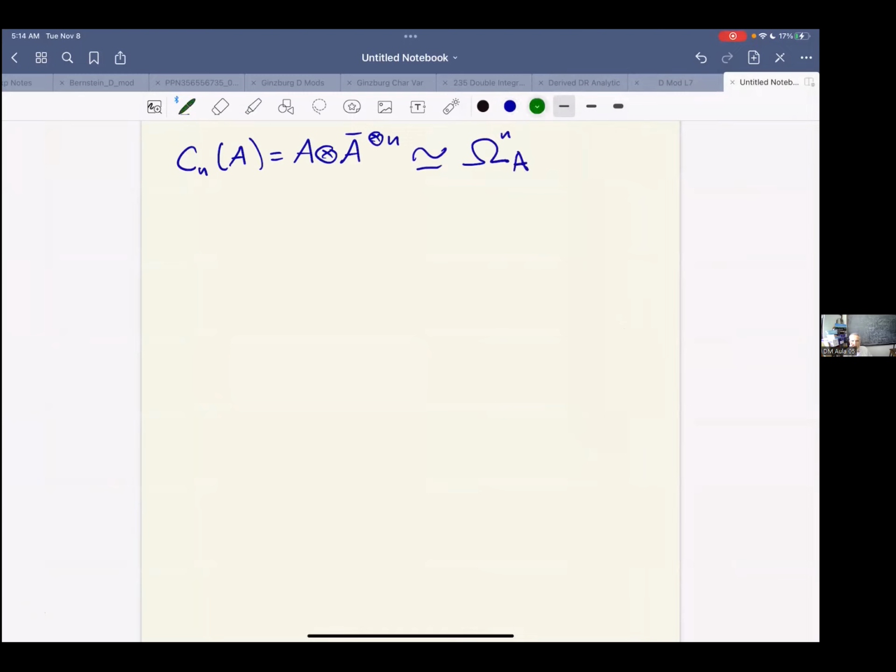And again, maybe I would stress that I can identify them by sort of naive or basic HKR. And let me draw this picture.